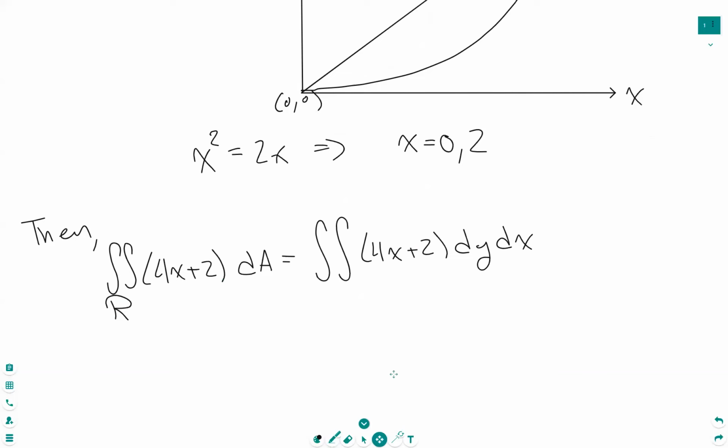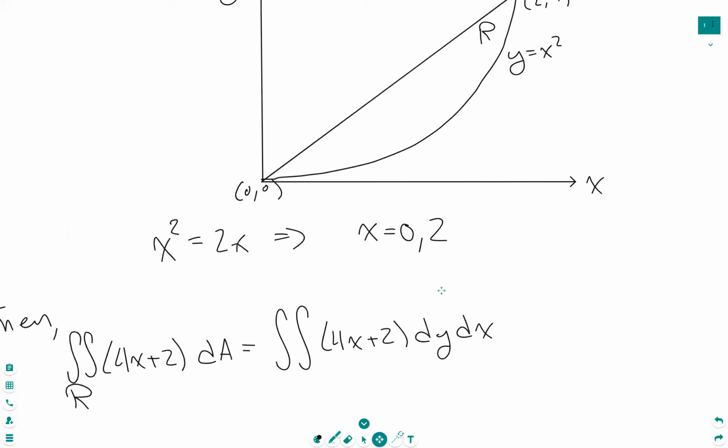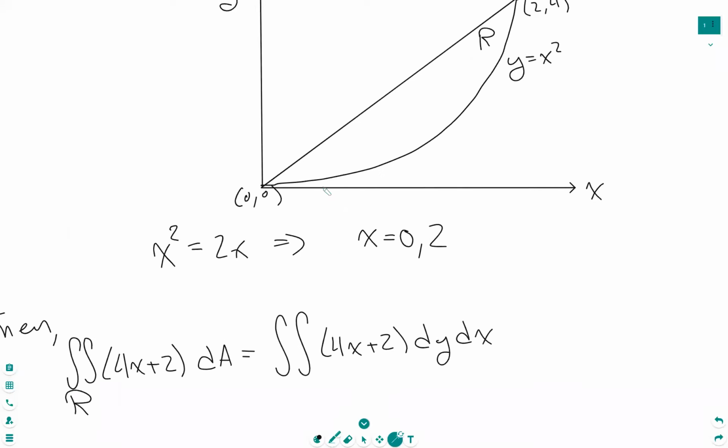So if I do dy dx, that means I'm going in the y direction, and I'm making these traces. So I start at the line, and I go out to the parabola. Oh, no, I'm doing this vice versa.